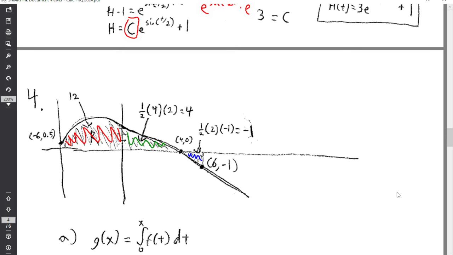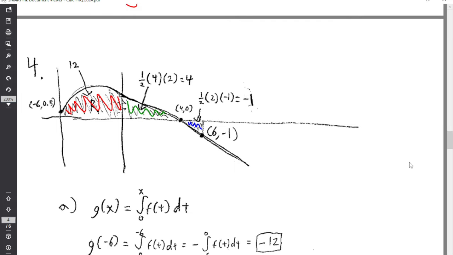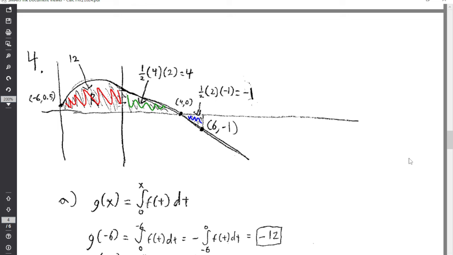So for our function g, that's our function for g. G of negative 6 is our integral from 0 to -6. Now, because those bounds are not in our usual order, we're going to flip those bounds and then change the sign.